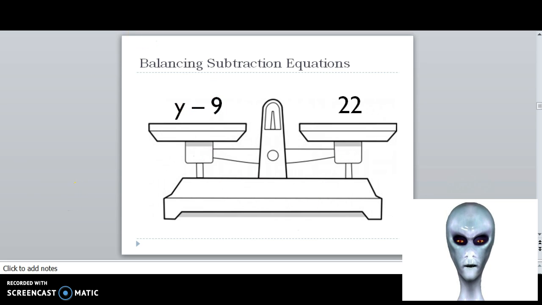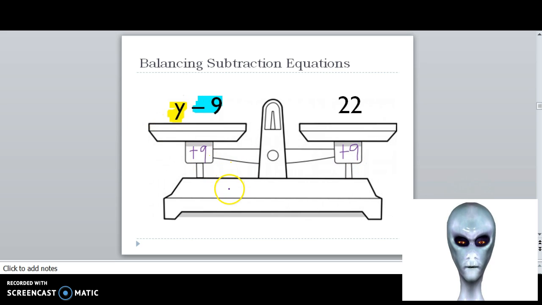Let's look at this example here. Our variable is y, and we're subtracting 9 from y. The inverse operation of subtracting 9 would be to add 9 to both sides of our equation.